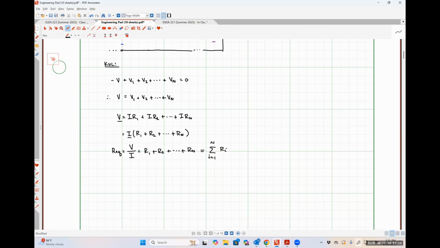So in other words, we have just used Kirchhoff's voltage law and Kirchhoff's current law to prove that when you have resistors in series, you just add their values together, which is exactly what you guys learned back in the freshman engineering courses. Okay, so we've proven this more formally so that you know where this comes from. Okay, so any questions about resistors in series before we move on to what happens when we have resistors in parallel?